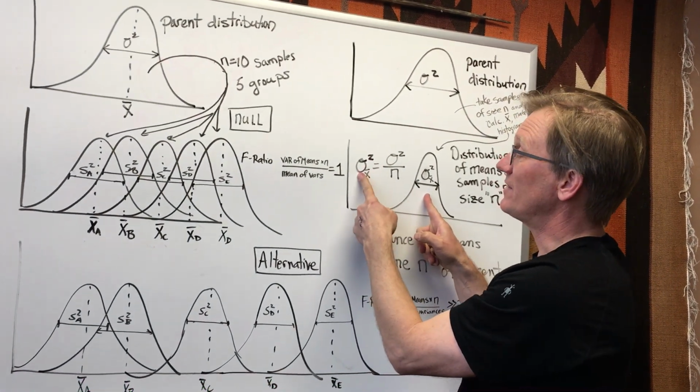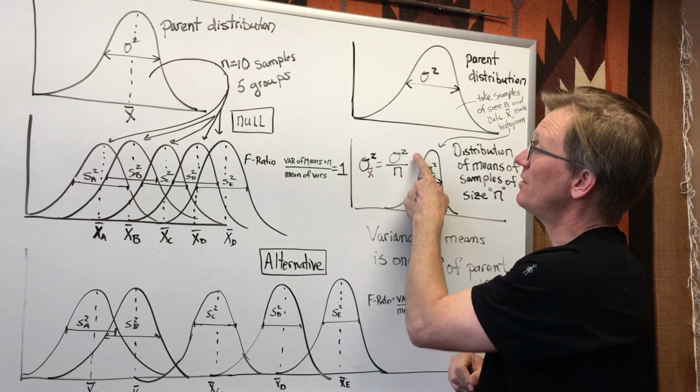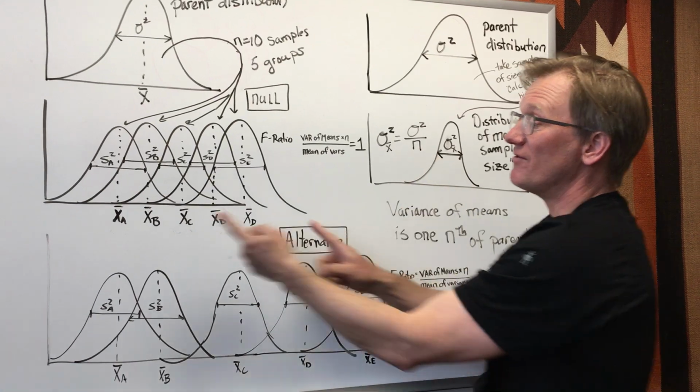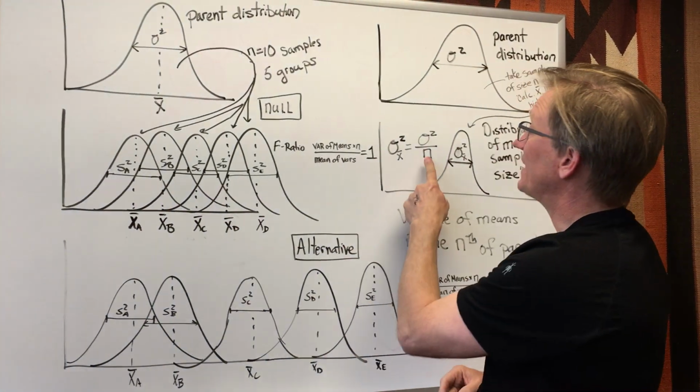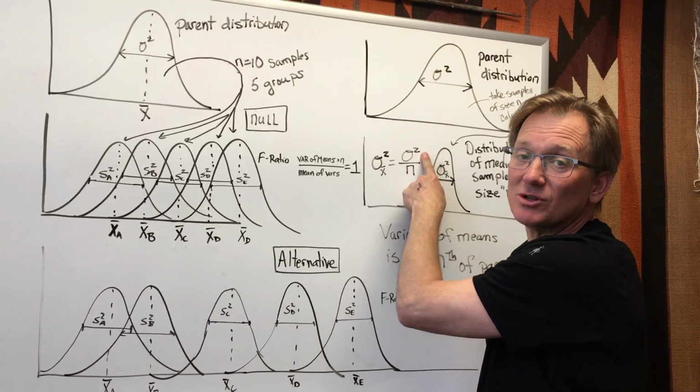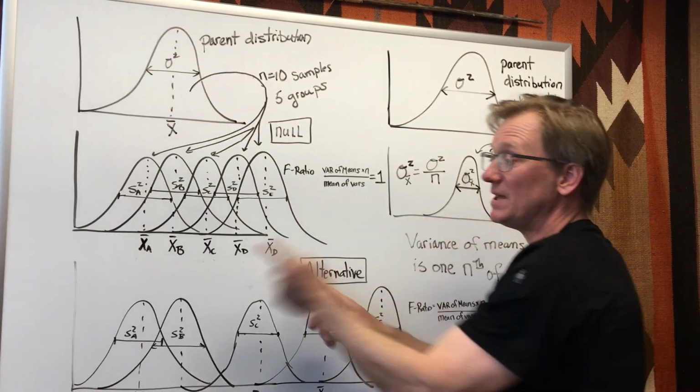We know that our variance of means should be equal to the variance of the parent distribution divided by n. So all we have to do is take our variance of means multiplied times n, and that will give us an estimate of the parent distribution variance based on those means.